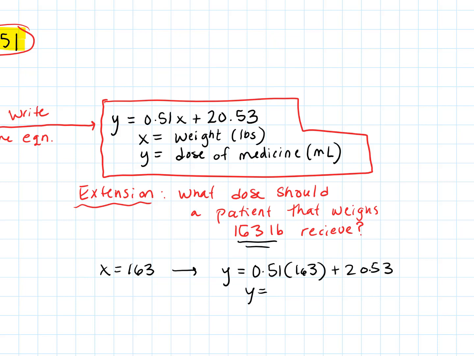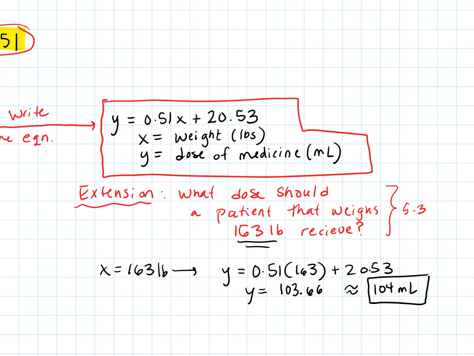And so I'm just going to take that real quick to finish this example off. 0.51 times 163 plus 20.53. And I find that that patient should receive 103.66, or approximately 104 milliliters of the medicine. Okay. So this little extension, this is 5.3.